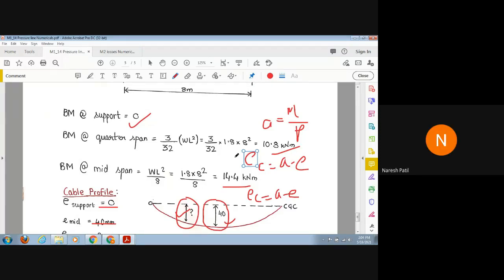What did you get at support? 0. It is 0 because E is 0 and A is 0, since the moment is 0. So EC will be 0.